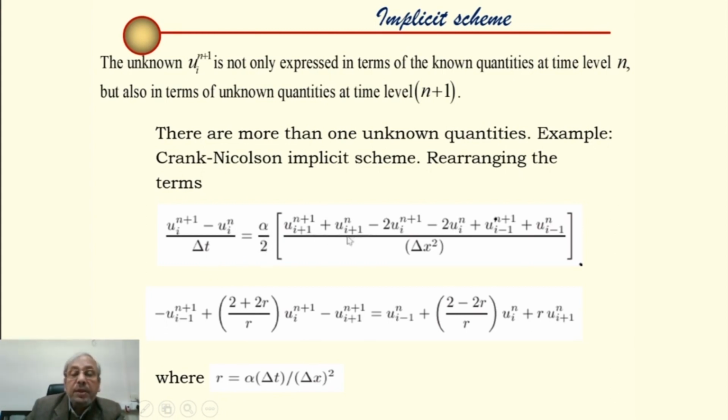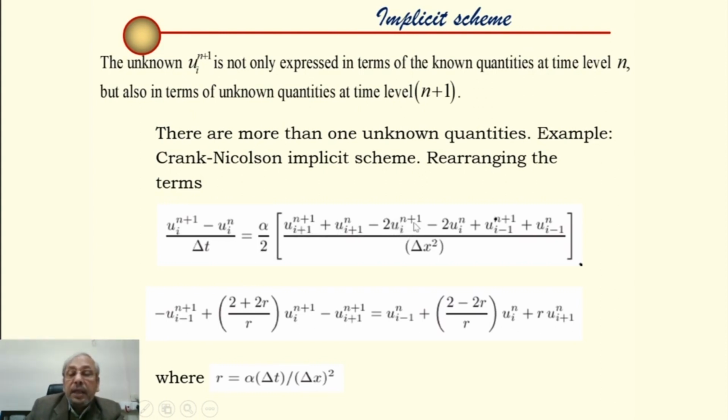where the factor 2 has come because at every ith location we have written basically the sum of the n plus 1th level and nth level. So ui plus 1 we have written at the n plus 1th level and nth level, as if these two are added and divided by 2, the mean value.